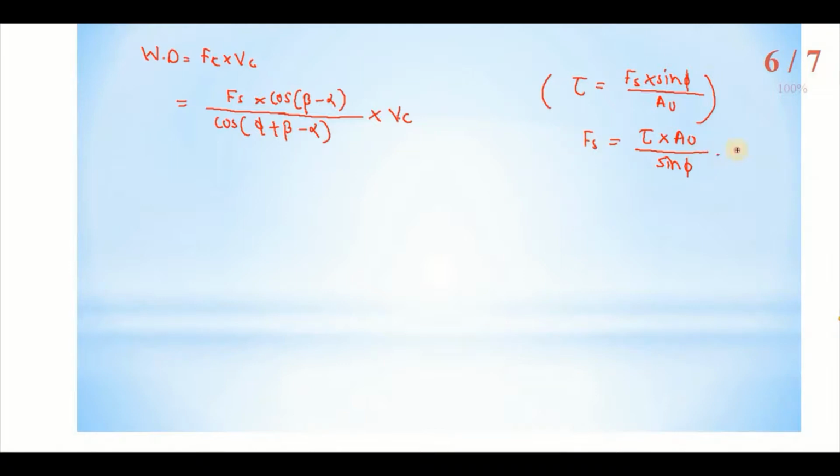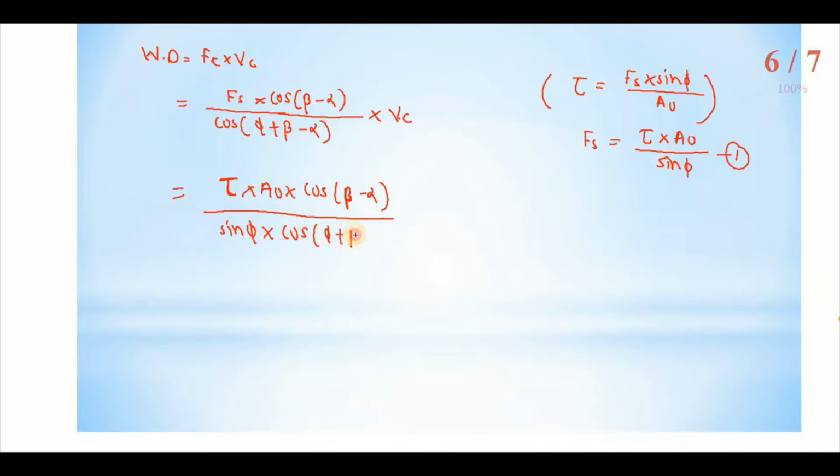If you put this in the equation for Fc, we get the work done as shear stress into A naught into cos of beta minus alpha upon sin phi into cos of phi plus beta minus alpha, into Vc.